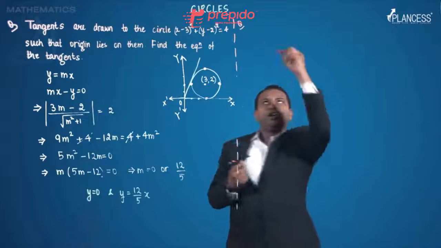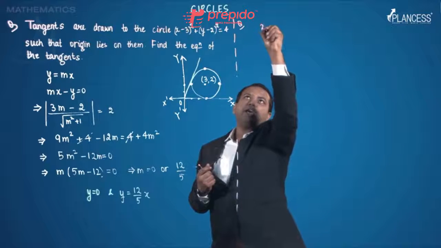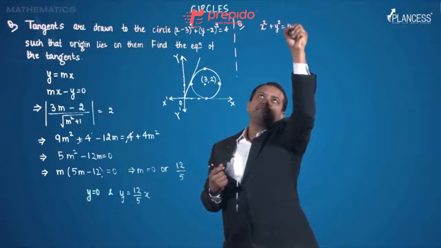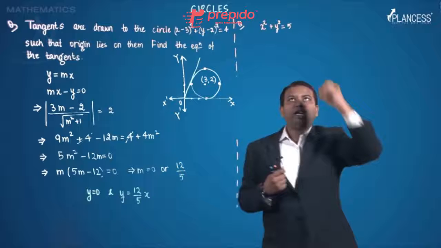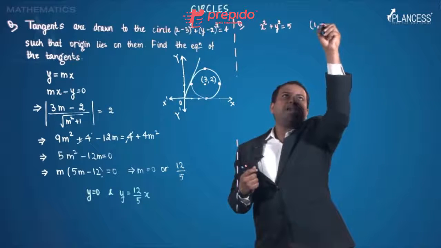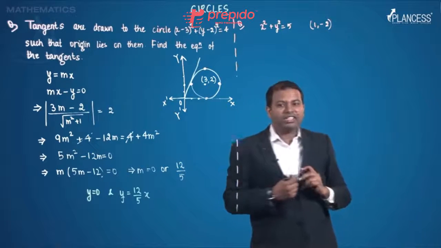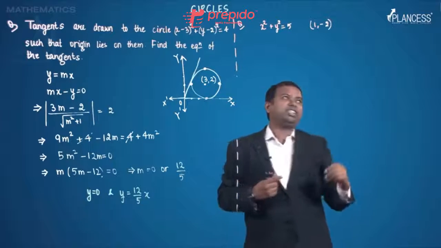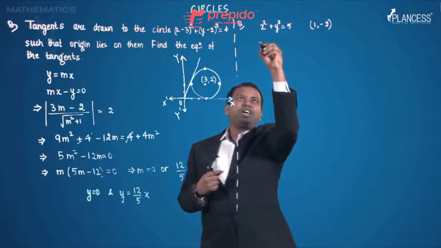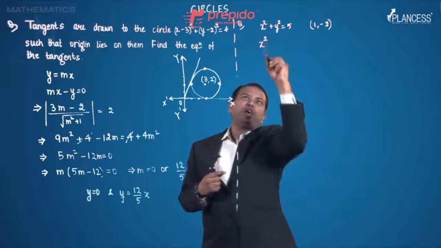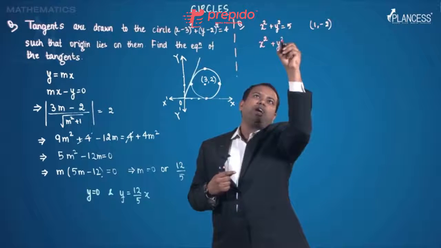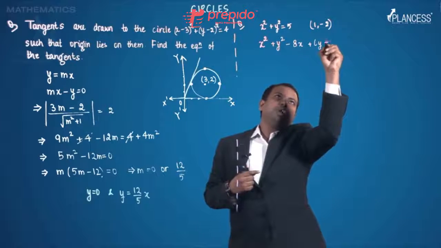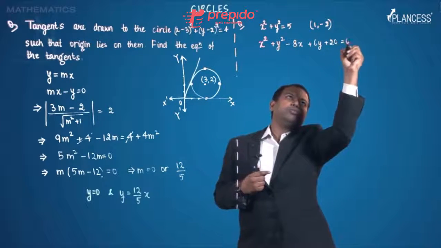So, let us say we have a circle given by x square plus y square equal to 5, and at a point 1 comma minus 2, tangent is drawn on this circle, and this tangent is such that it touches another circle x square plus y square minus 8x plus 6y plus 20 equal to 0.